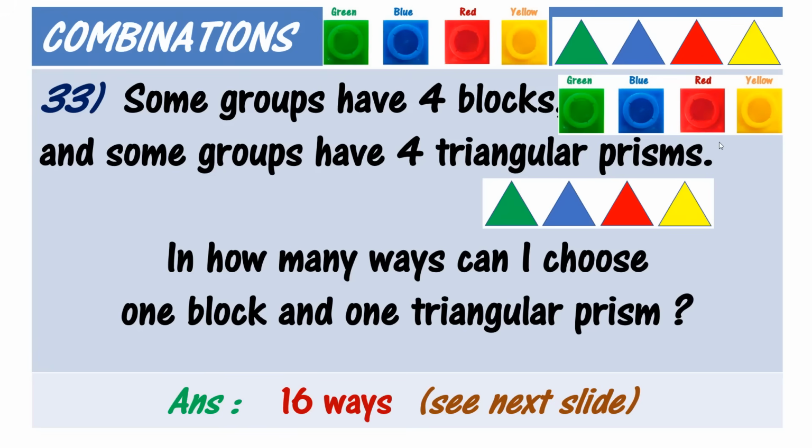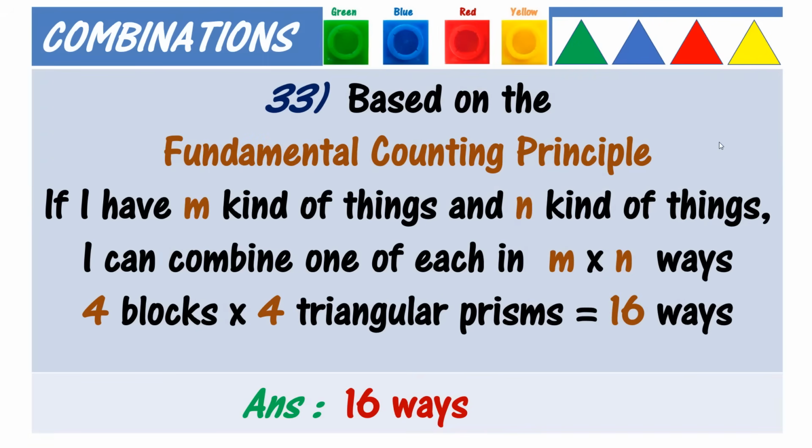Well, it's 16 ways, and the explanation for that is it's the fundamental counting principle that if I have m kind of things and n kind of things, I can combine one of each in m by n ways. There's 4 blocks and 4 triangular prisms. That's 16 ways.